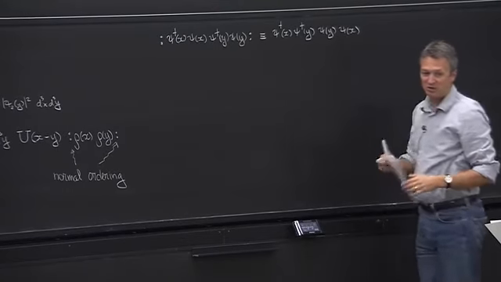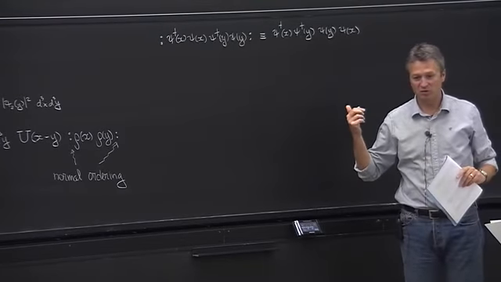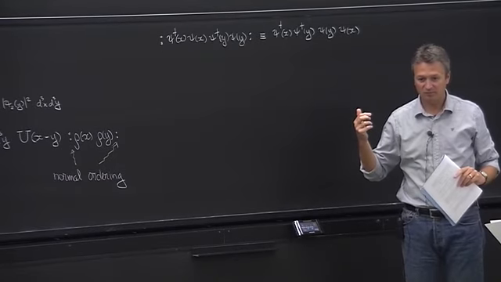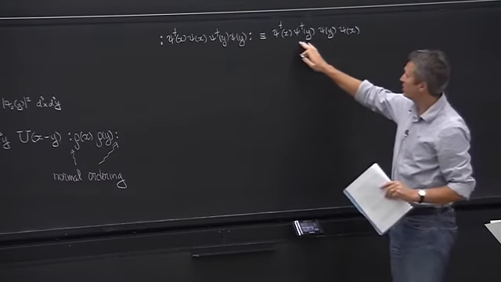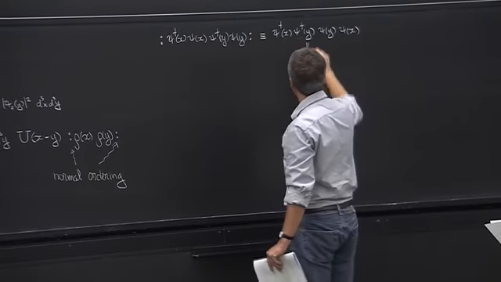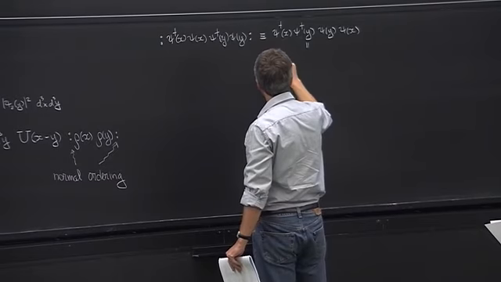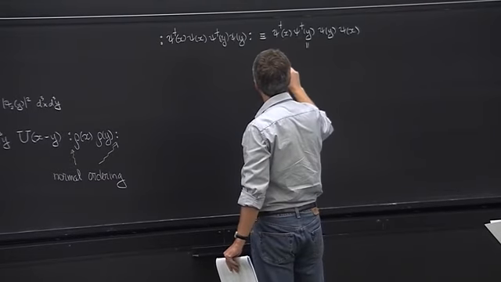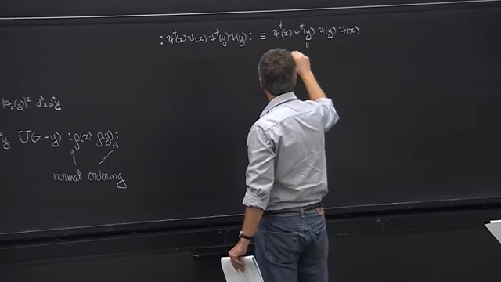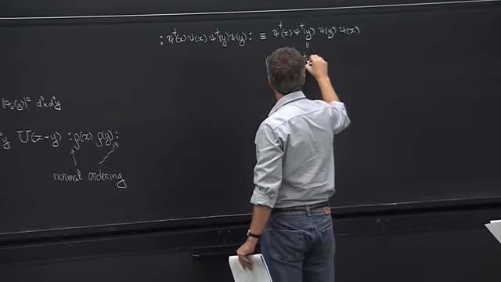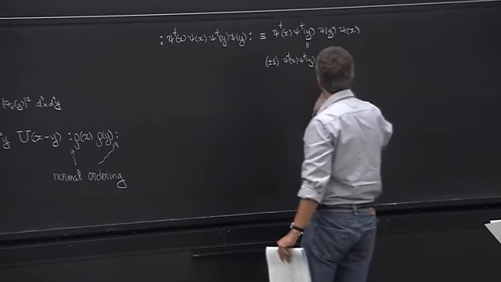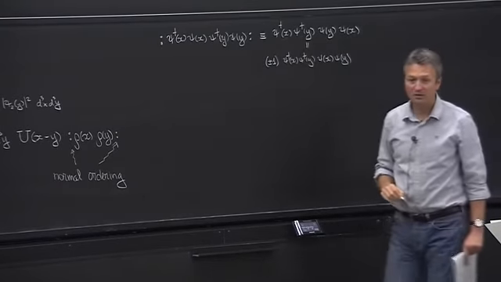So I did two interchanges. If they were fermions, I would produce minus 1 squared. If I want to write it as psi dagger x, psi dagger y, so let me write it like that, this is equal to minus 1 to the power plus minus 1 psi dagger x, psi dagger y, psi x, psi y. Yes?